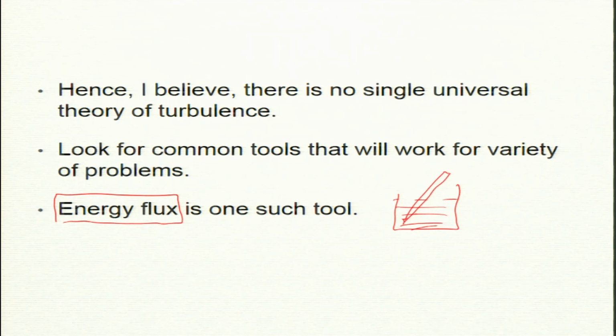I am forcing it, so I am supplying energy at the large scale, the bucket scale, and this energy will flow down to small scales, correct. So, there is a transfer of energy from large scale to small scale. This is called energy flux in turbulence language or in this field.